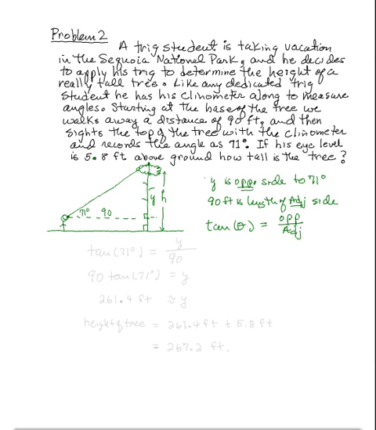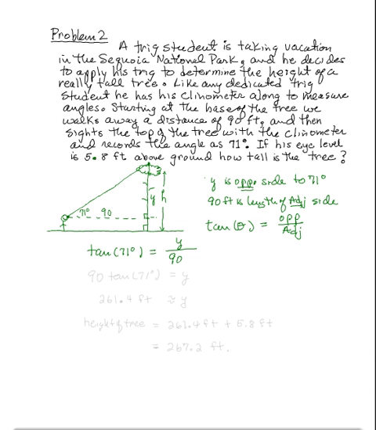Now, if we apply that to this situation, we can say the tangent of 71 degrees is the opposite, which is y, over the adjacent, which is 90 feet. So now, again, the trig is over. We have an equation that involves a trig function, and we can solve this equation for y.